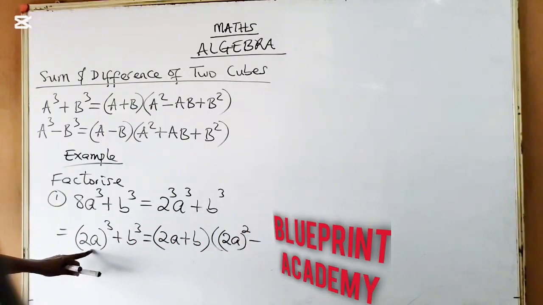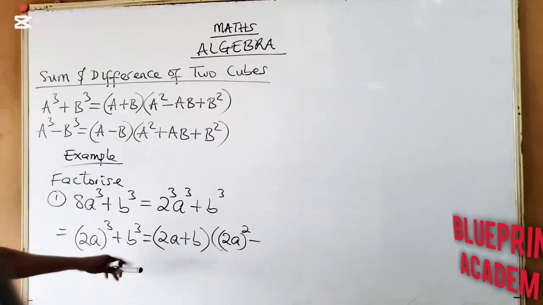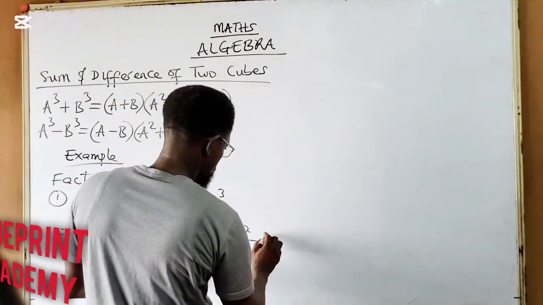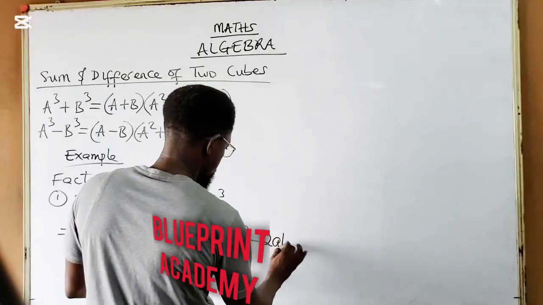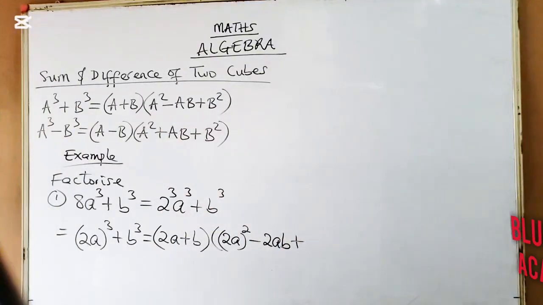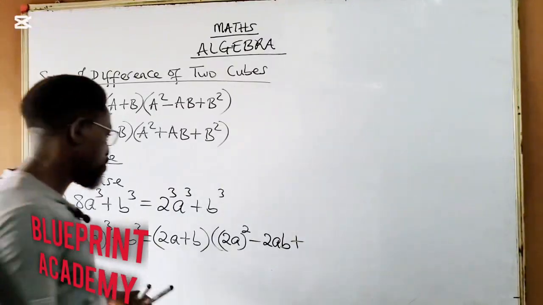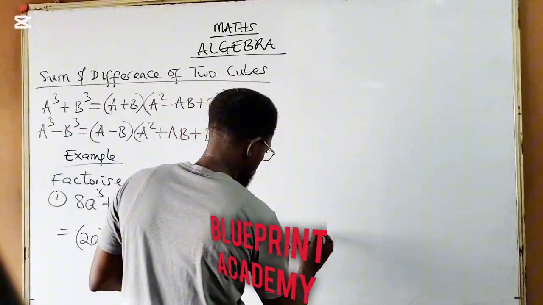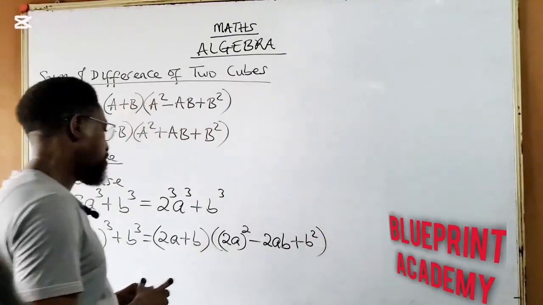That will be 2a times b, that is 2ab, then plus b squared. That will be b to the power 2.